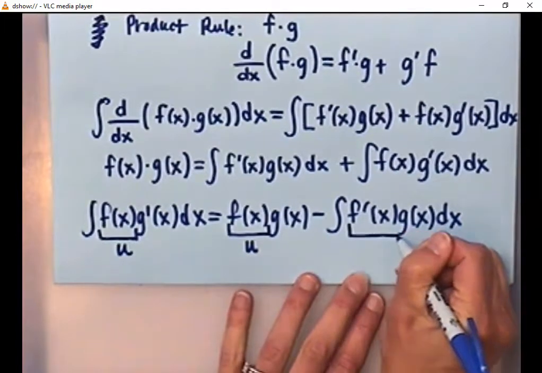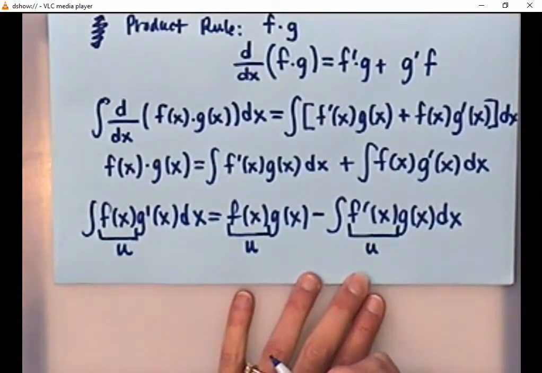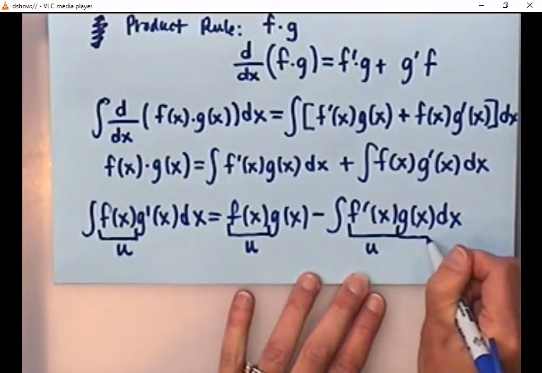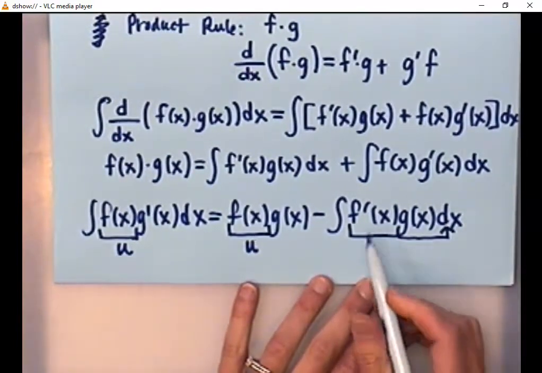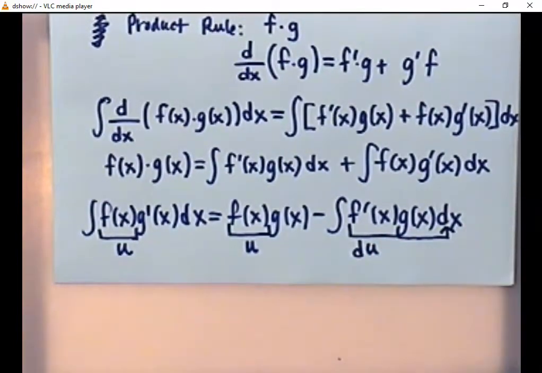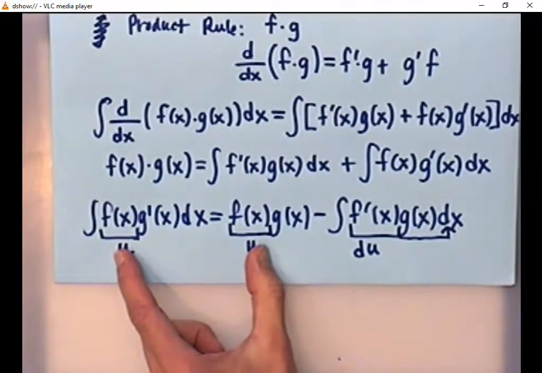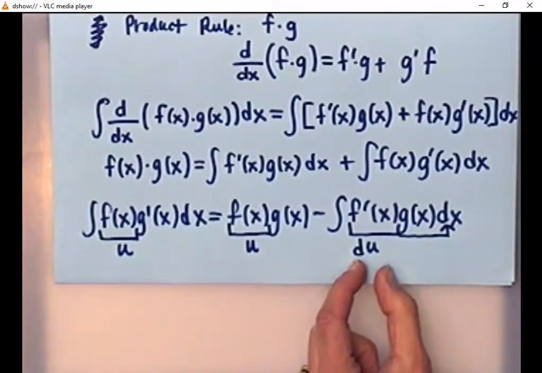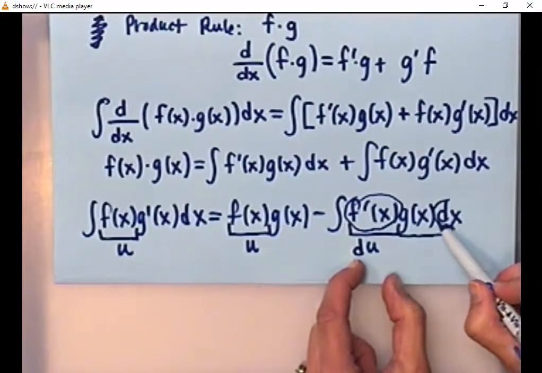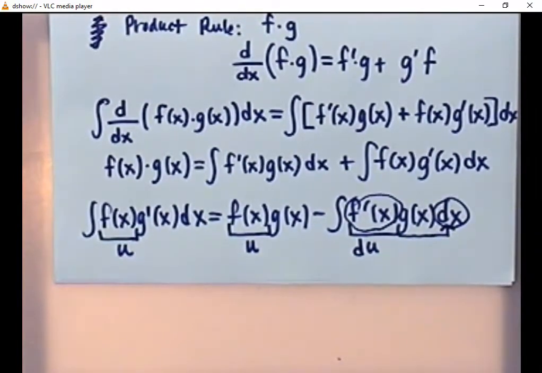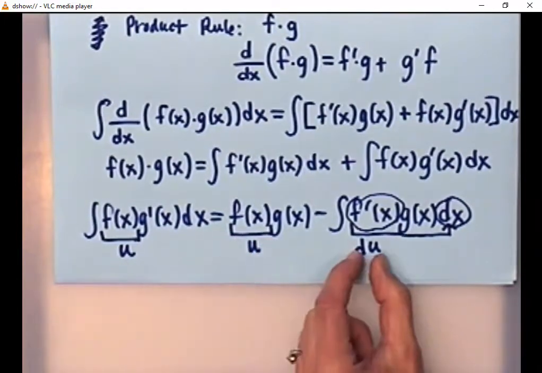Now when I see f prime of x, I'm going to put it together with the dx, and so that's actually the derivative of u, and I'm going to call it du together. So when I take u, its derivative is u prime, or we can call that du. So this piece of f prime of x with dx would be called du. Okay, so those parts are u and du.